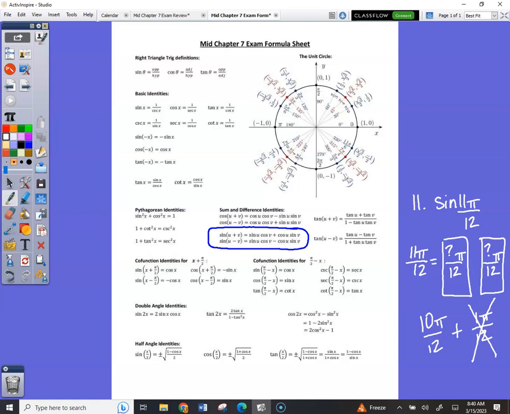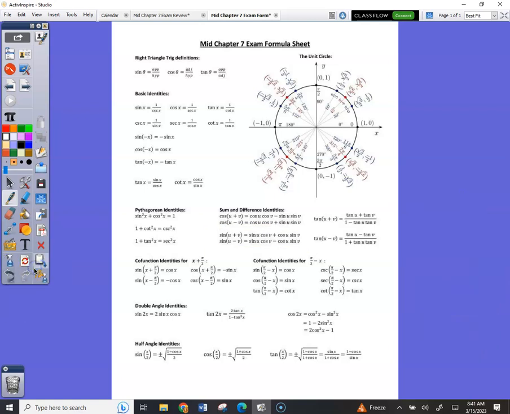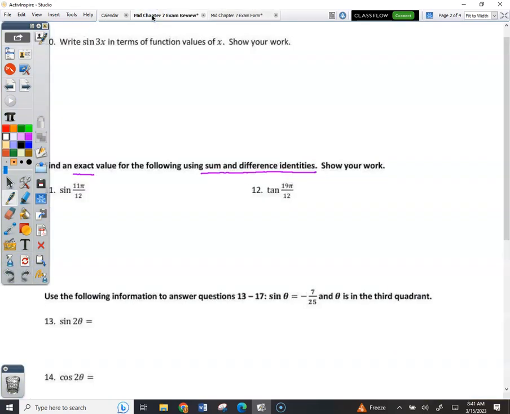I have no clue where 11 pi over 12 is, and we're rewriting it in terms of numbers that are on the unit circle, whether they add or subtract to it. Having said that, on my example I picked, instead of 11 pi over 12, I could do 9 pi over 12 plus 2 pi over 12.